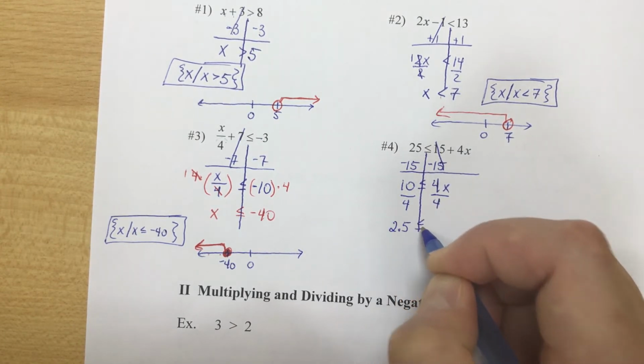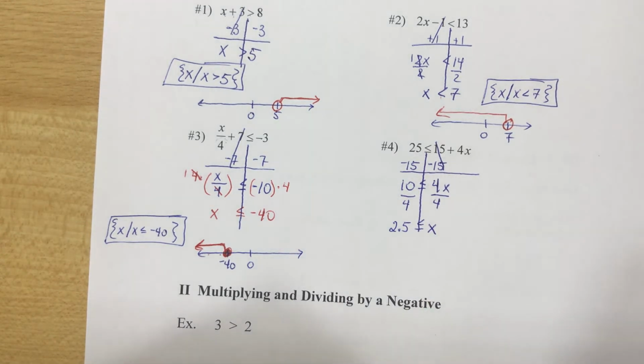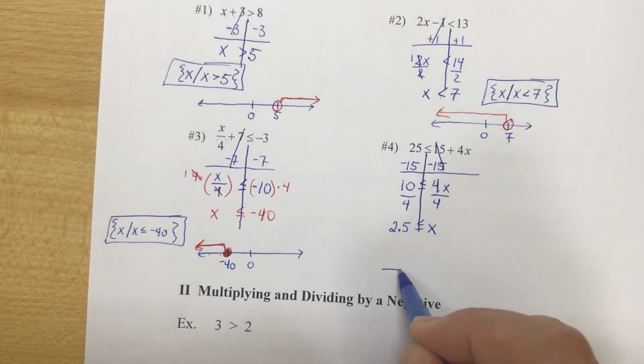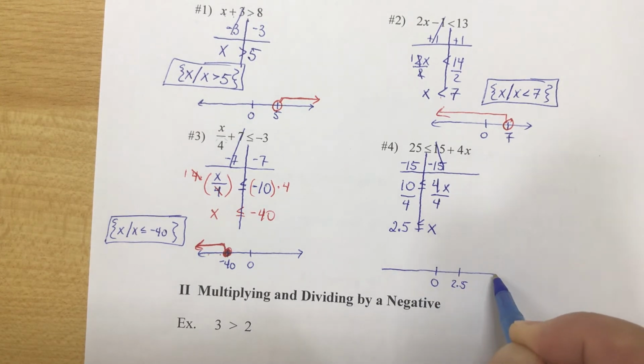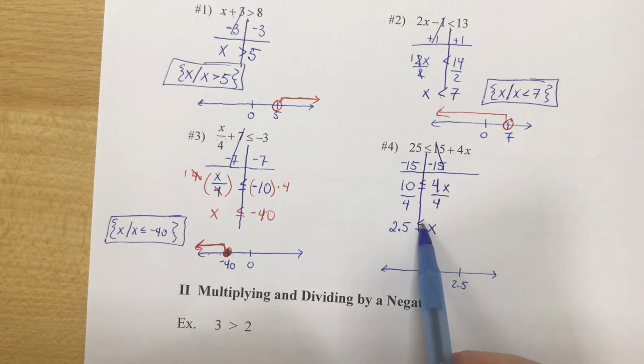Either answer is good. Now the one thing though that before I graph this, here's 2.5. I need to be careful because when I see the less than symbol, I'm tempted to graph everything to the left. However, notice the variable is on the right side. I am going to rewrite this.